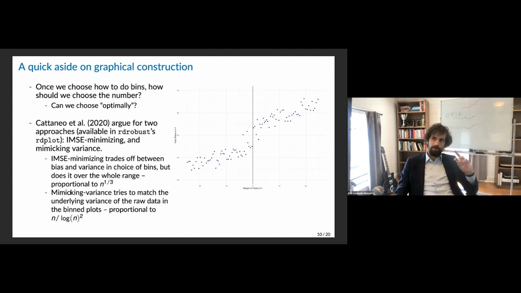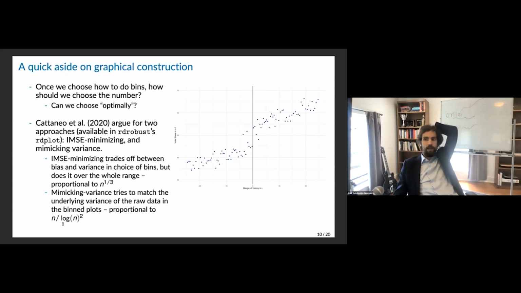This trades off to keep comparable variability within the regions you're picking, so that the variance of these points looks similar to the variance of the underlying raw data. In this setting, it's proportional to n divided by log n squared.